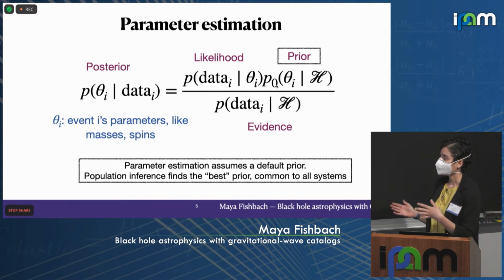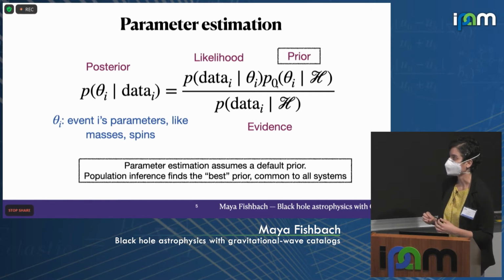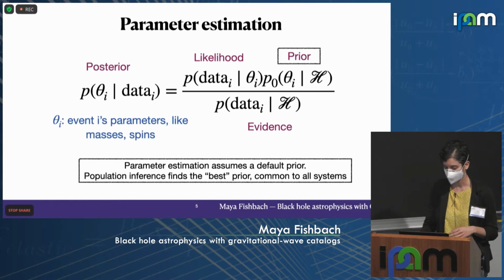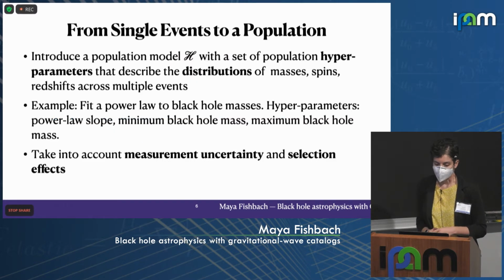The point of the population inference, or one of the points, is to actually find the best prior, or some probability distribution p(theta) that is common to all systems. And so we go from single events to a population.